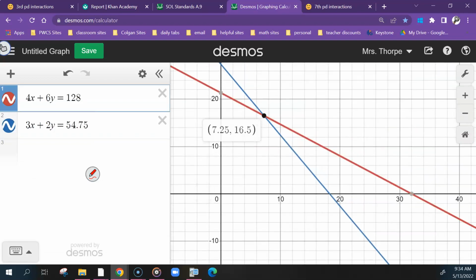Find where they intersect. It gives us an x and a y. It did say the cost of each, so we could say our x, which was our puzzles, cost $7.25 a piece, and video games, which was our y, cost $16.50 a piece. $7.25.